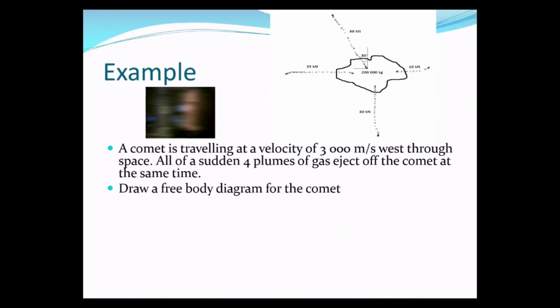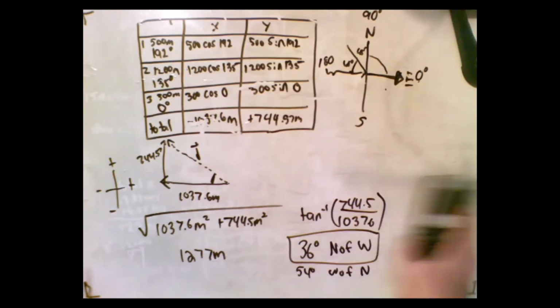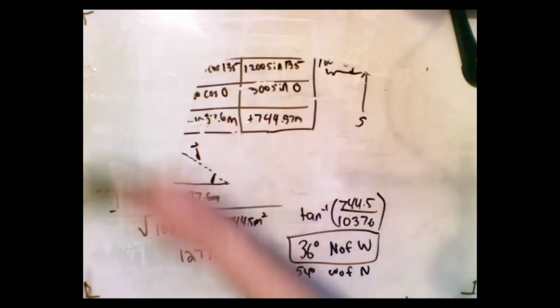Okay, so let's draw that out. Erase all this. So this comet has those plumes of smoke coming off. And remember, with a rocket, it's always Newton's third law, equal and opposite.